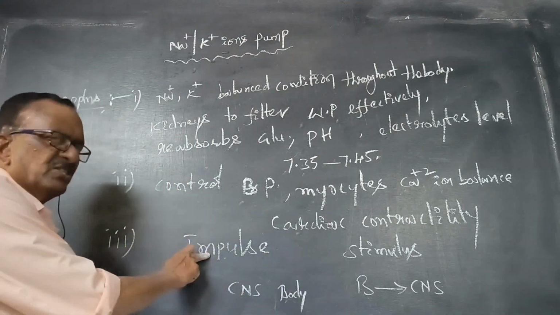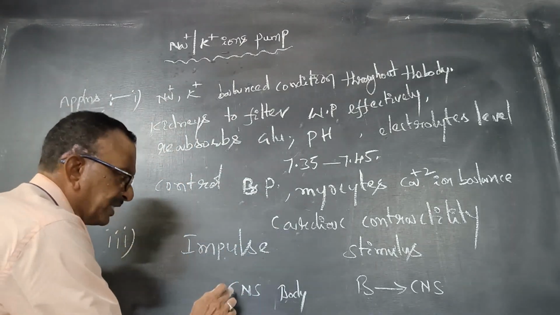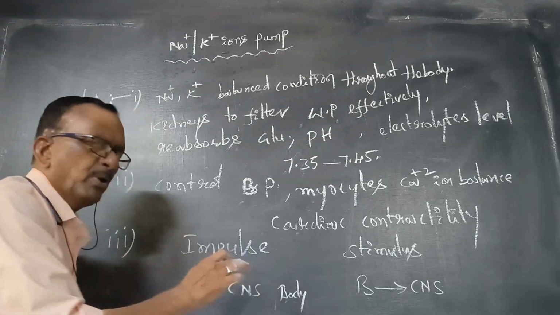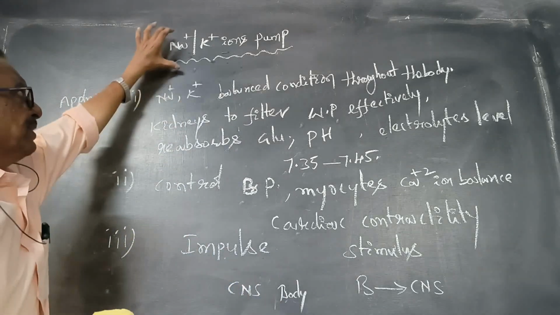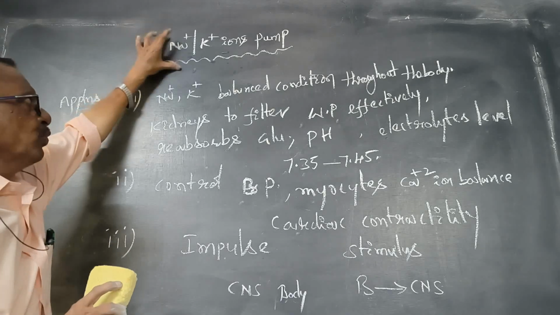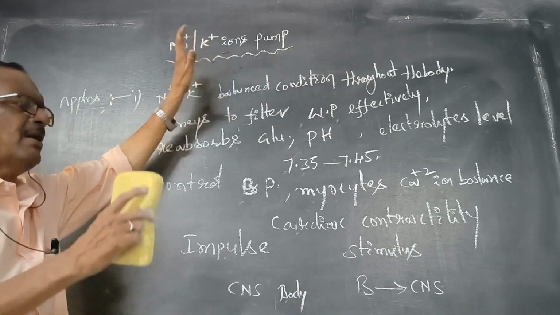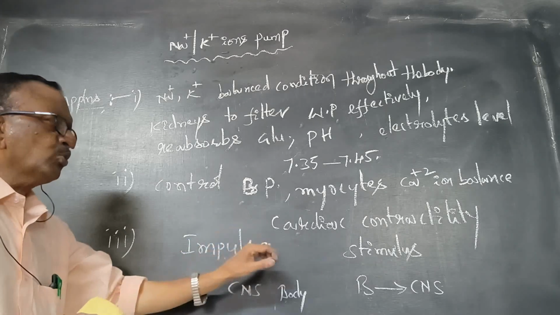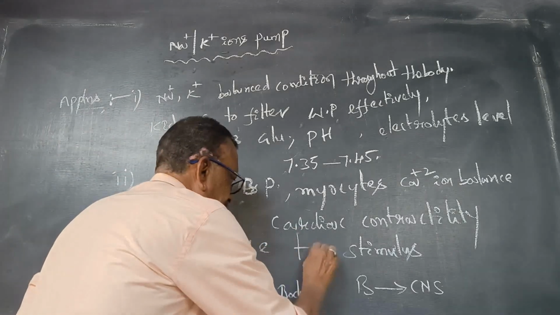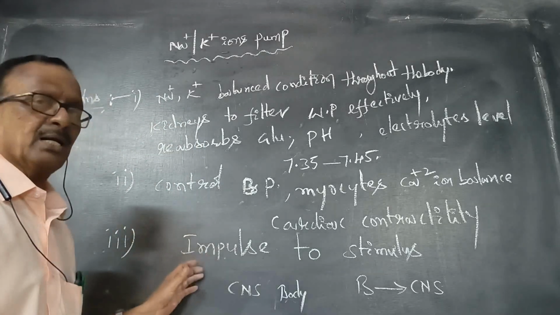That is called the impulse, where information comes from the central nervous system to the body parts. So if the proper balance of sodium and potassium ions is there in our body, then the response will occur effectively.